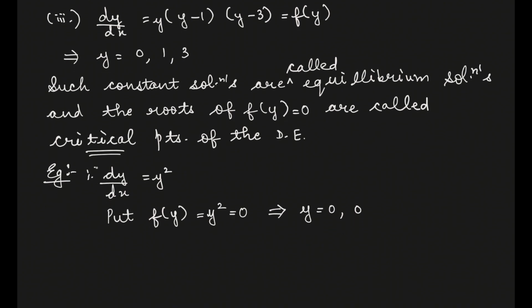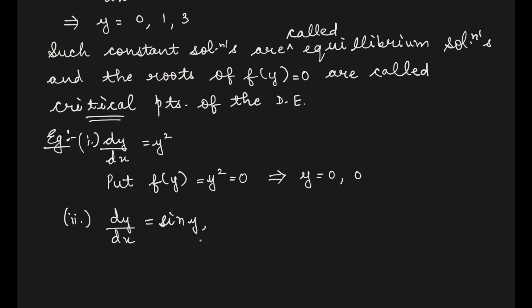Okay. Second example, dy upon dx equal to sin y. What will be the critical points of this differential equation? Please tell. It is y equal to n pi.